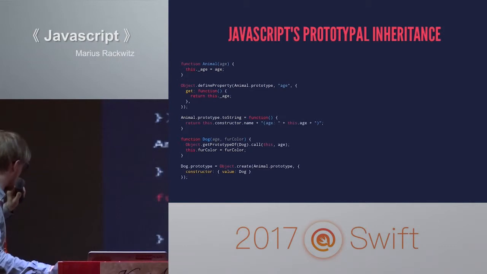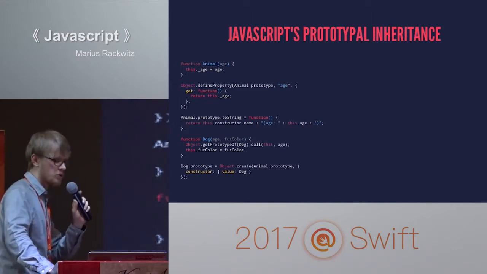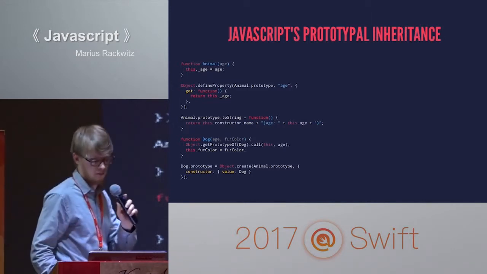By setting a prototype, as we do in the last three lines, to a new instance of the animal prototype and filling the constructor field, we let the dog function or prototype inherit from our animal so that the toString function becomes available.